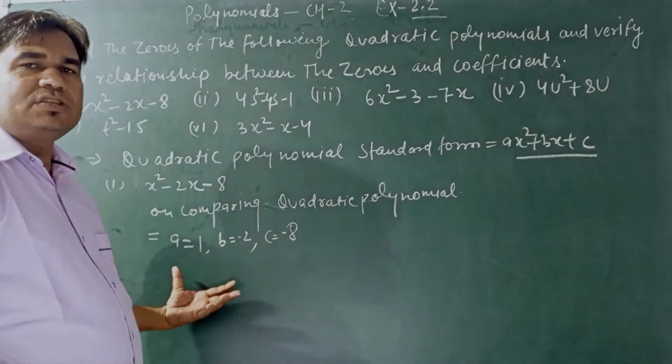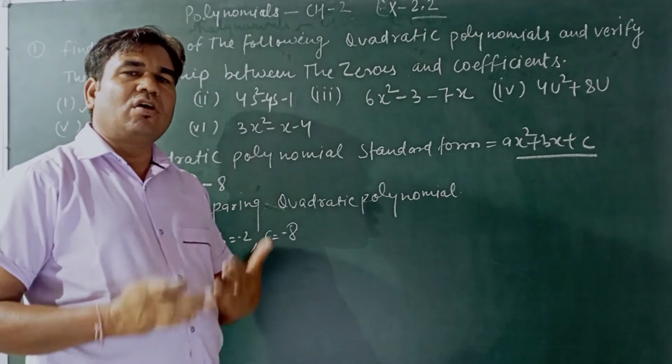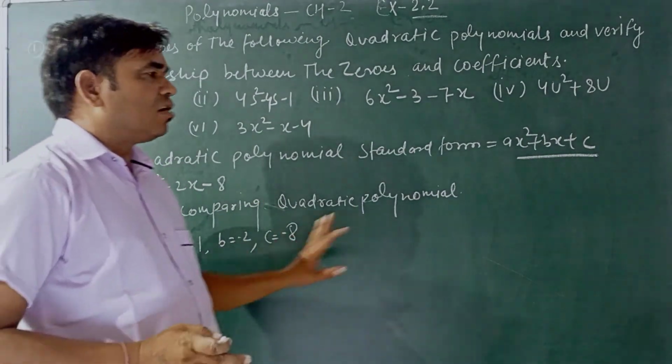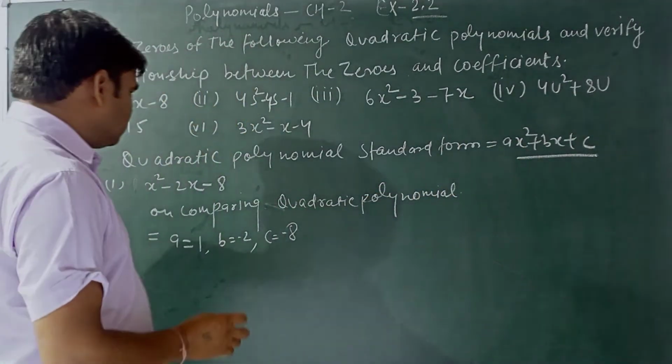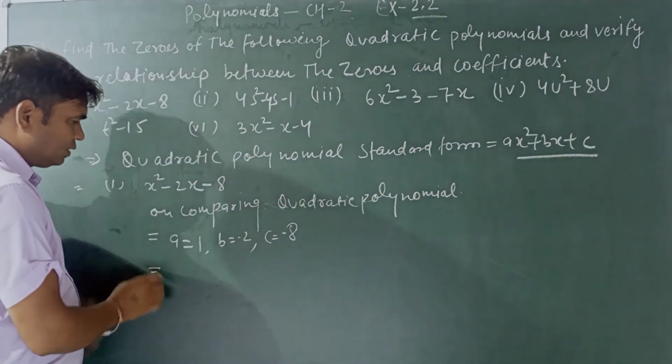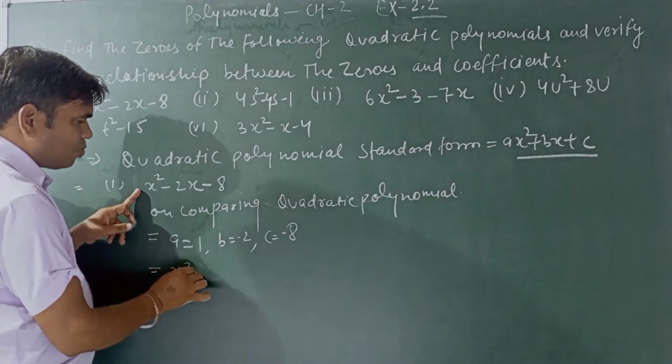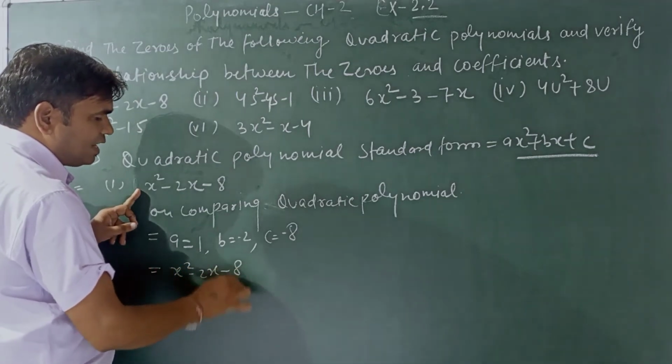So we get the values of a, b, c by comparing with the standard form.